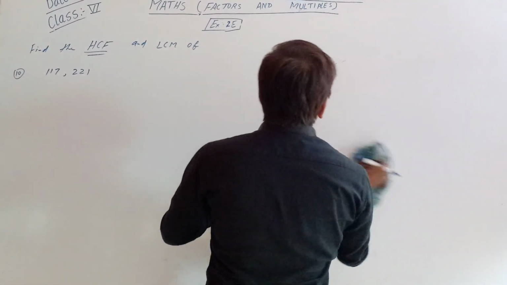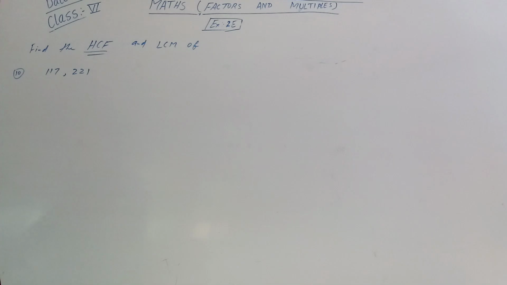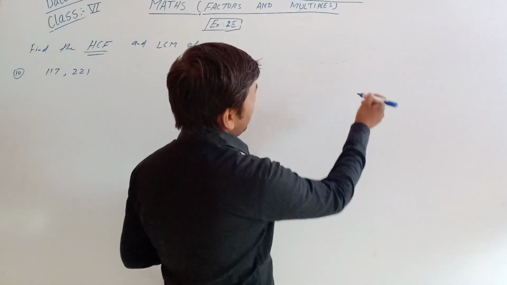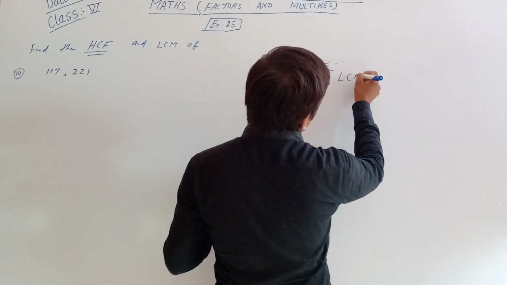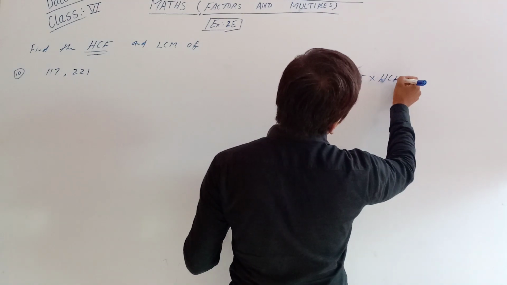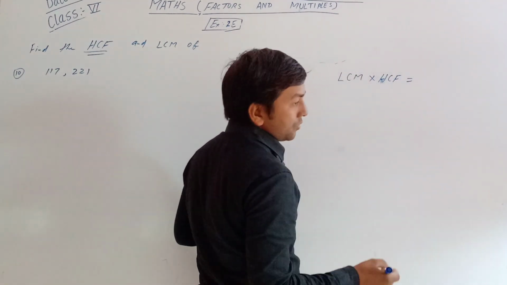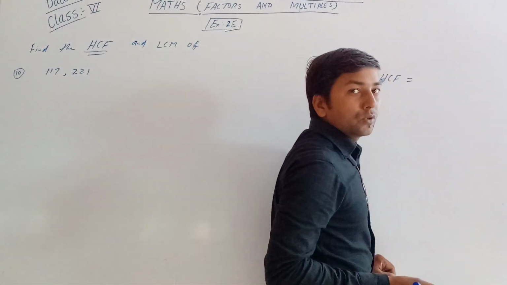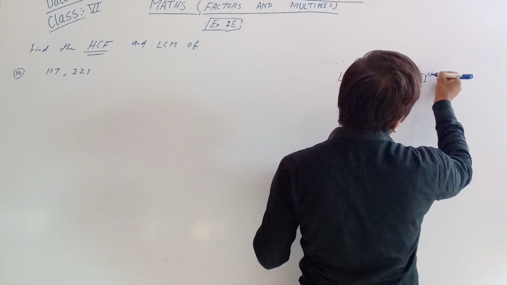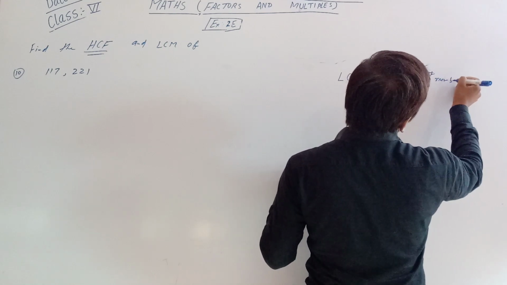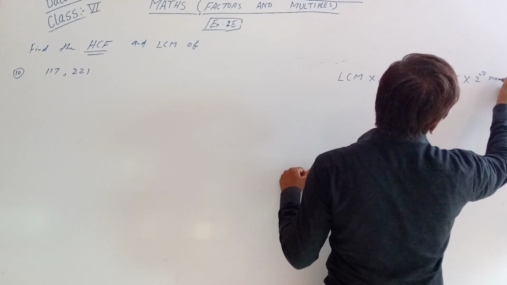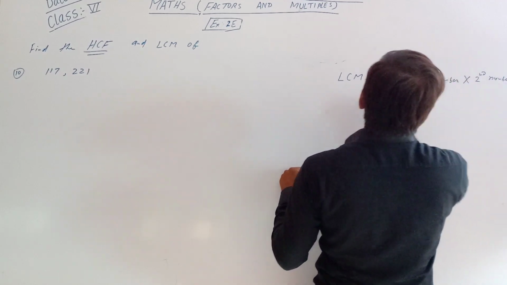Here we will follow one important formula, that is LCM multiply HCF equal to product of two numbers. Product of two numbers, I write first number multiply second number. Okay, this is the main formula.